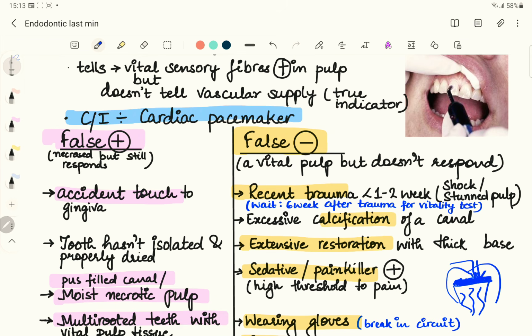It will not let the current pass through to the pulp, and the patient will not feel any painful or electric stimulus. That's the reason it gives a negative response even though the pulp is vital. Or if there is an extensive restoration with a thick base, again the same goes, the base is not allowing the electric current to pass through to the pulp.